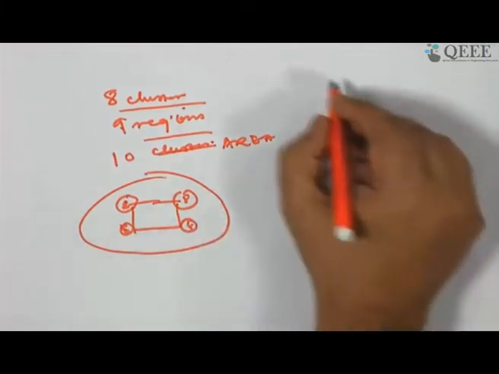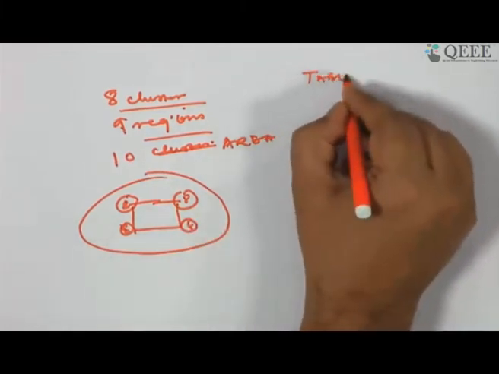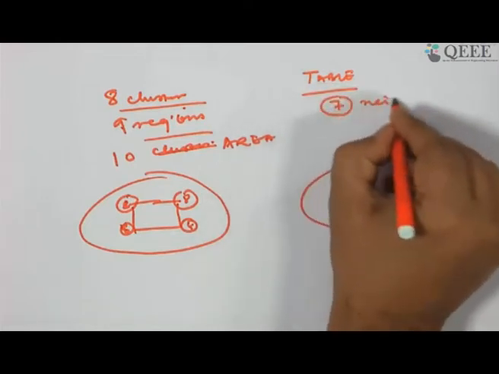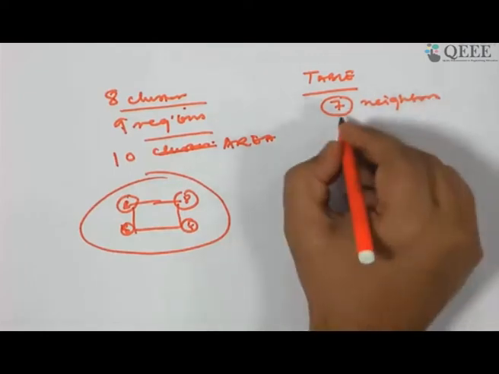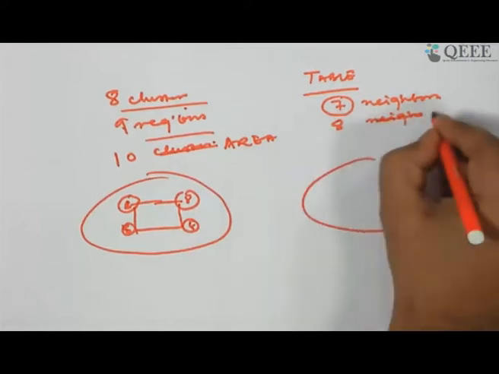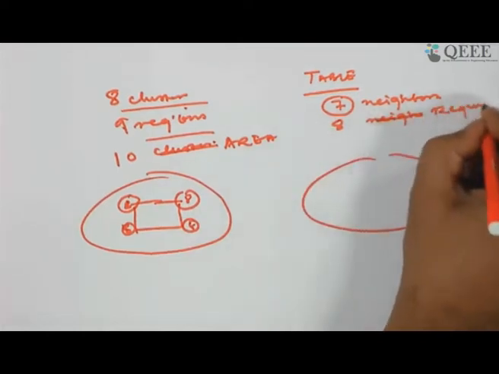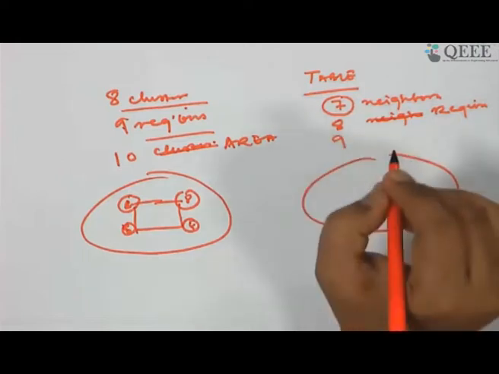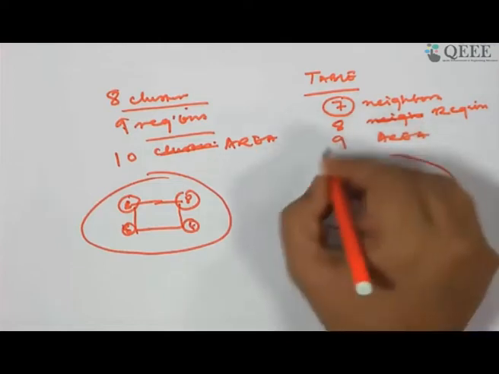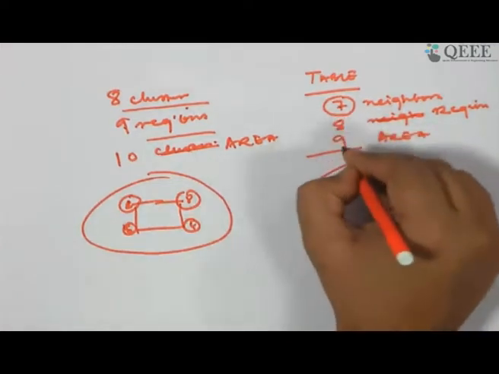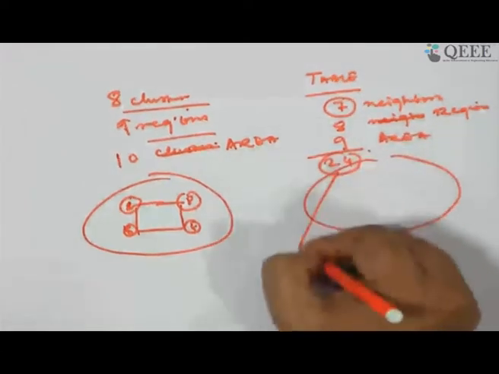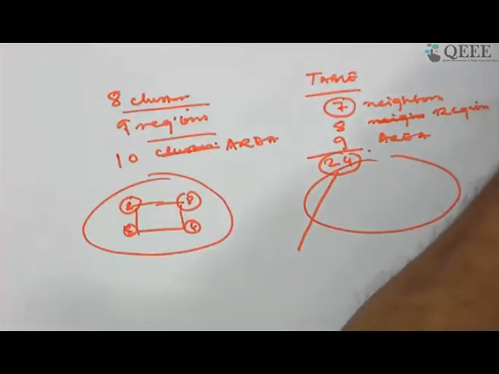So, what will be the table size then? We will have 7 neighbors, 8 neighboring regions, and 9 neighboring areas. So 7 plus 8 plus 9 is 24. And in the previous case we had 52.